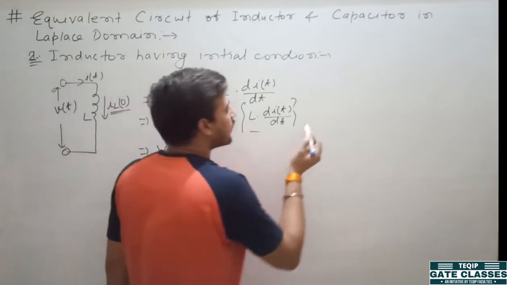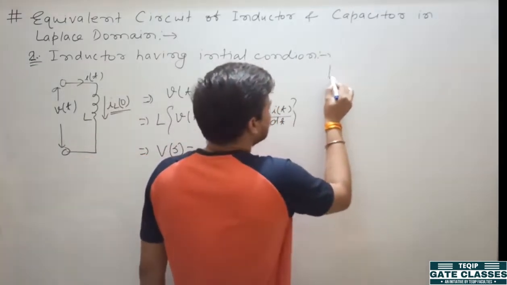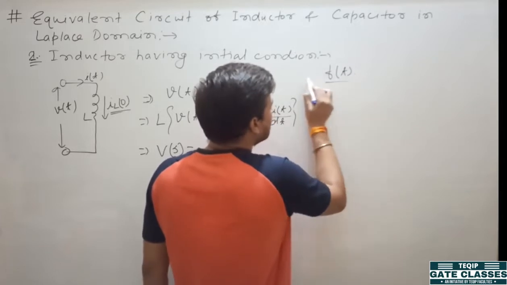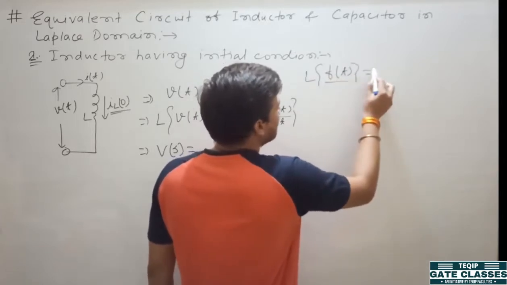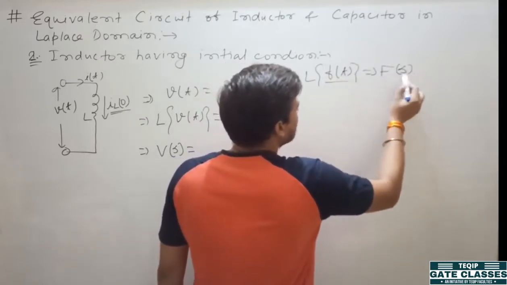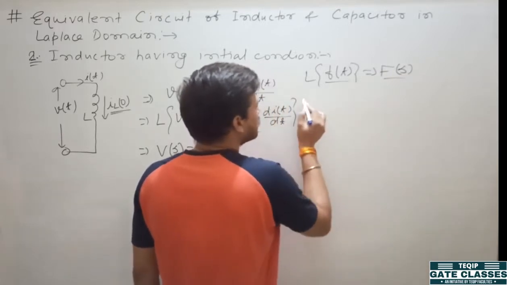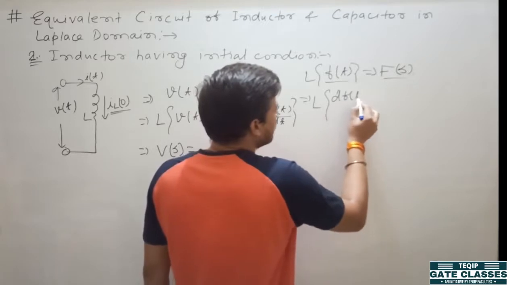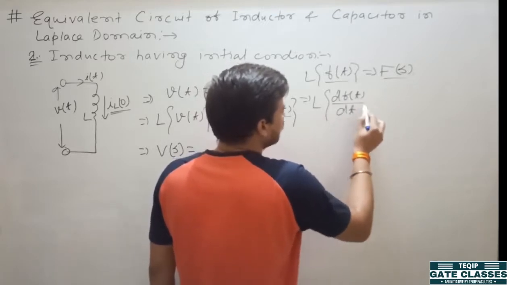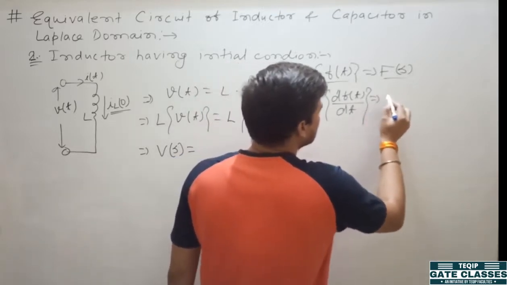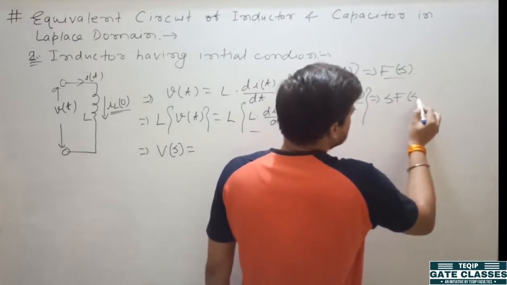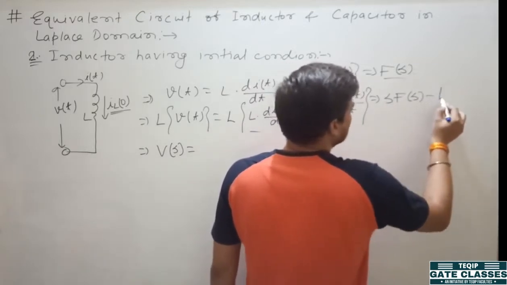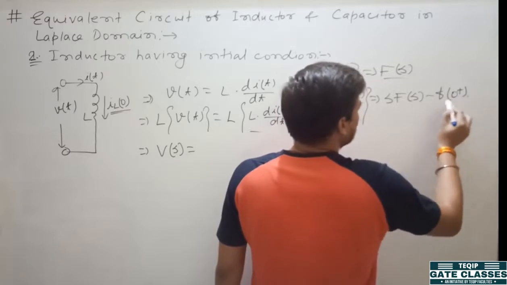So how to find it? Suppose the function ft is given and Laplace of ft is Fs. Then the Laplace of dft upon dt, this is the property of Laplace, will be equal to sFs minus f0 plus.